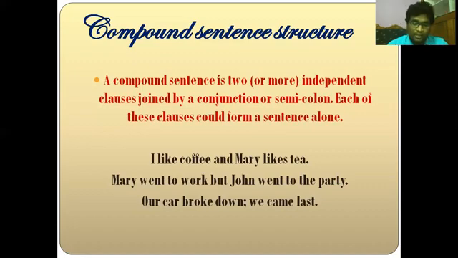These are called conjunctions. Or else we use a semicolon. Either a conjunction or a semicolon can be used. Each of these clauses could form a sentence alone. So the specialty of this compound sentence is that when we take them individually, they have their own sentence alone. Are you getting me?